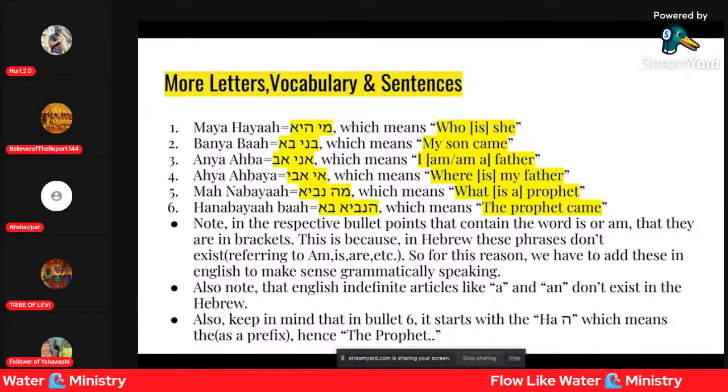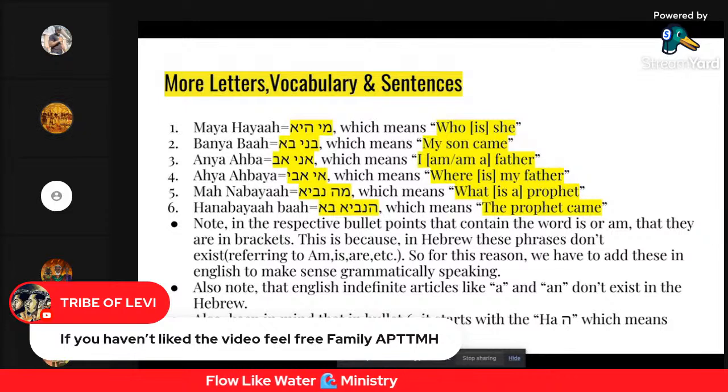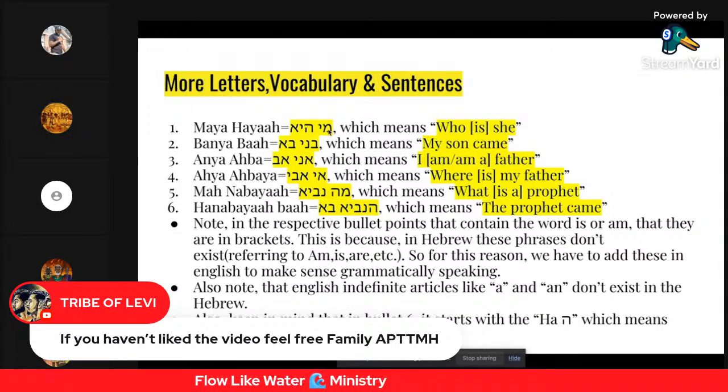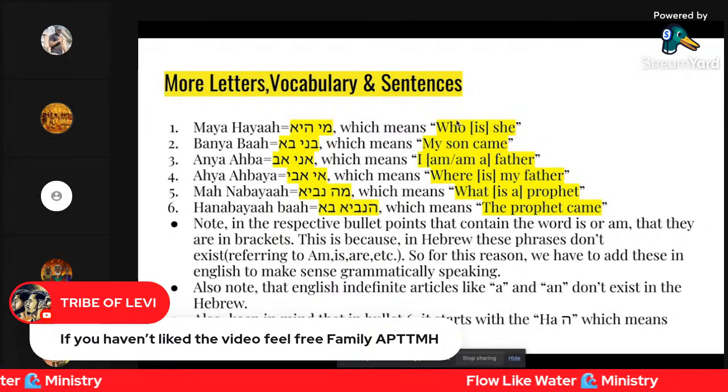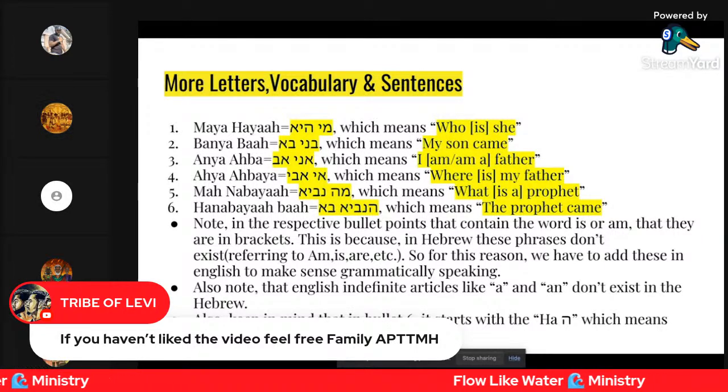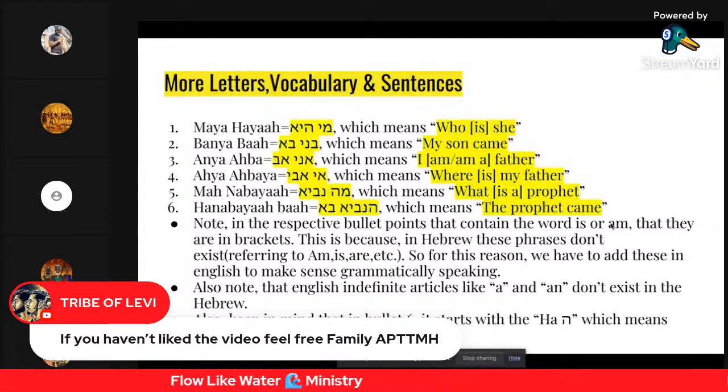But it's what you would call implied when you look at the Hebrew text, because the Hebrew text is very simple. For example, number 1 says, "Who she." It's just straight to the point. But in English, we would say, "Who is she?" This is just to give a little clarification, but it should be simple. We can move to the next one.